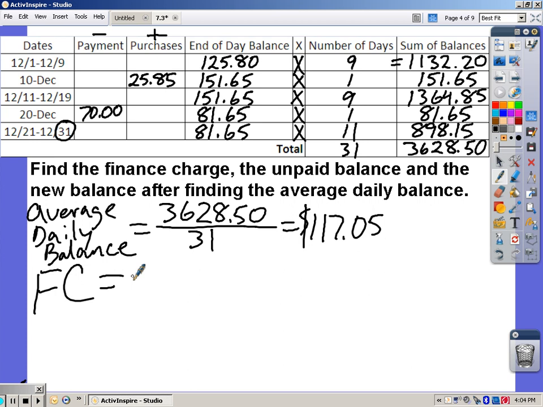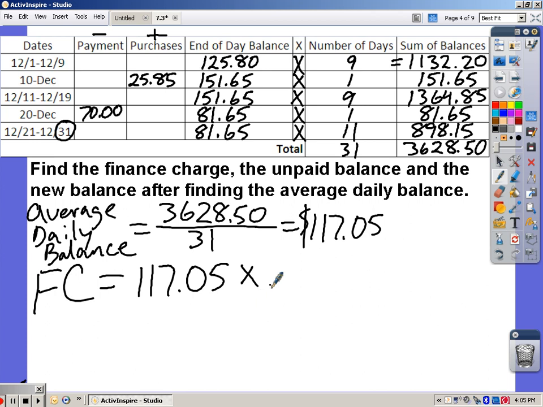Okay, finance charge. Always take the average daily balance, whatever you come up with, and multiply that times whatever your periodic rate is. And recall, our periodic rate from figure 7.3 is 2%.